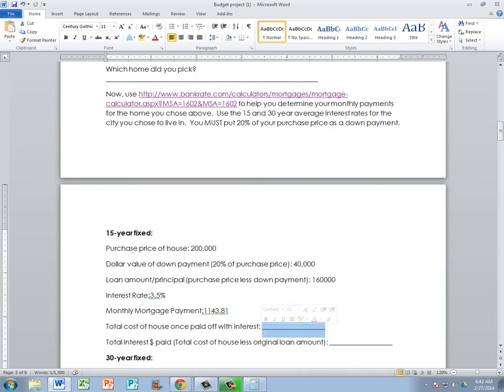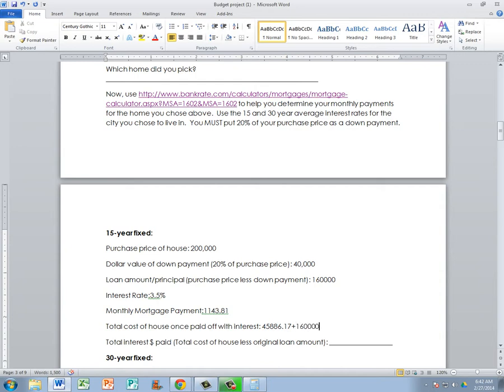So if I go back, it's going to be $45,886.17 plus the cost of the house, which was what I borrowed, $160,000.